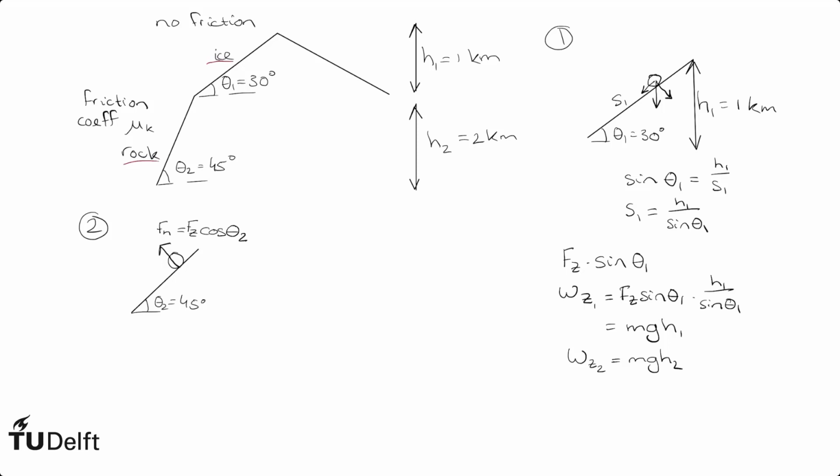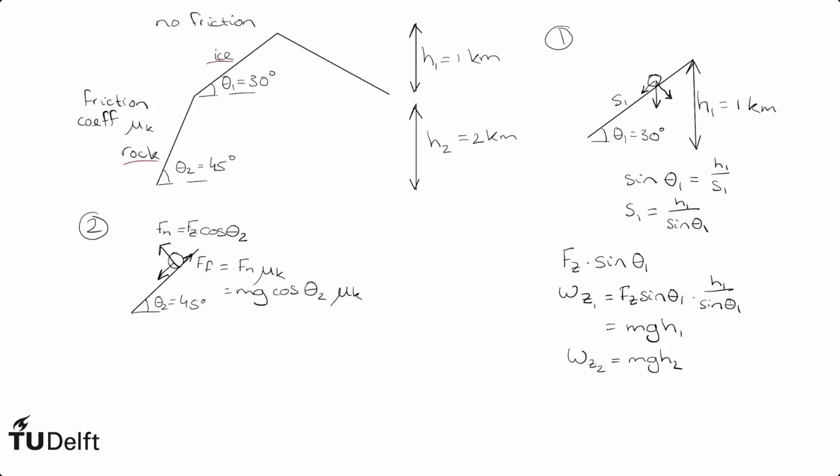And since we're moving, we are dealing with kinetic friction here, so now the magnitude of the frictional force equals the normal force times the coefficient of kinetic friction. Plugging in what we already have, that's m times g times cosine theta 2 times this coefficient of kinetic friction.